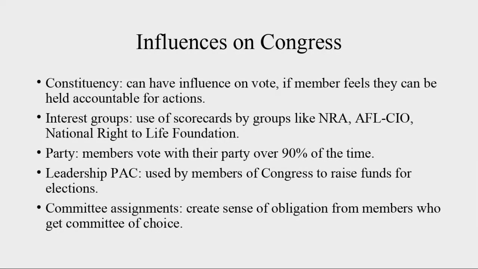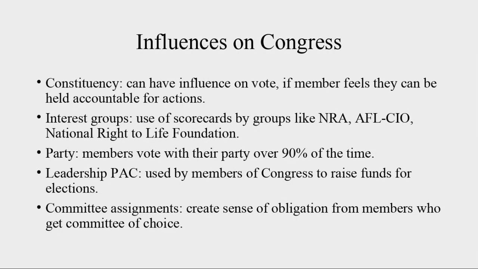So after the shooting in Parkland, Florida, the Congresswoman for the area, Wasserman Schultz, talked about how she'd gotten an F rating from the NRA and said, see, look, I'm trying to protect your kids. So she actually used that to her advantage. But usually they want a favorable rating from an organization like the NRA.